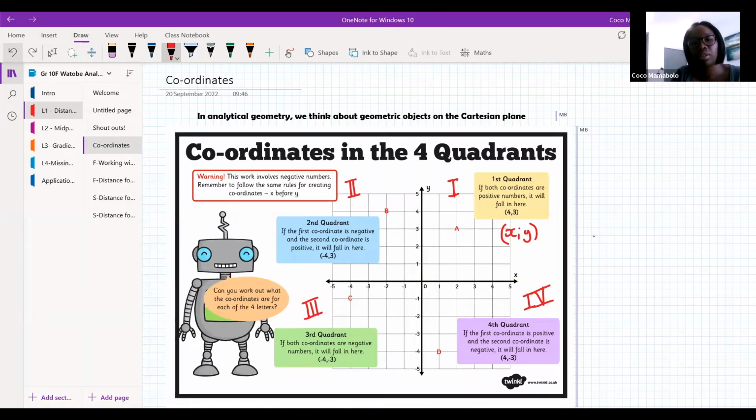In the second quadrant, my x coordinates will all be negative and my y coordinates will be positive. In my third quadrant, both my x and my y coordinates will be negative. And down here in the fourth quadrant, I'm going to get a positive x coordinate, but a negative y coordinate.